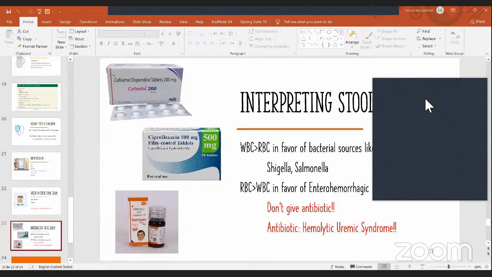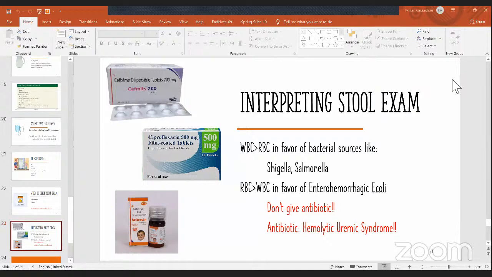But if you have a clinical doubt, for example your patient is very ill, I will explain about the clinical judgment later, but just know that up to 5 white BCs or RBCs are usually normal unless you are in clinical doubt that this patient's diarrhea has a bacterial source, okay?